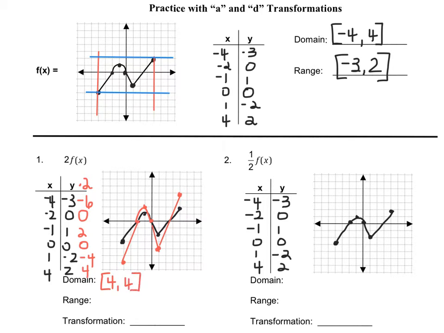My new range is bottom to top. The bottom of this is -6, and the top of this is 4. I want you to notice that my domain from my parent and my domain from my new red graph didn't change. This should be -4, shouldn't it?